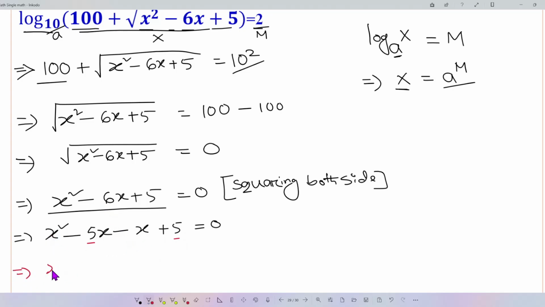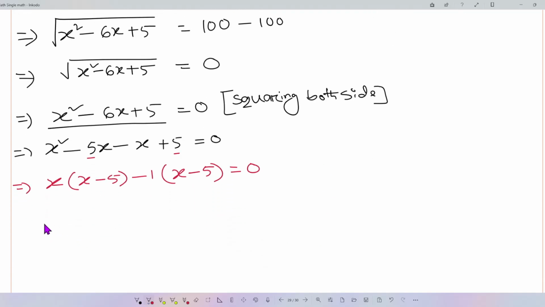Now we can take common x, so x minus 5, and here take common minus 1, so again x minus 5 equals 0. Now here we can take common x minus 5, so x minus 5, then x minus 1 equals 0.